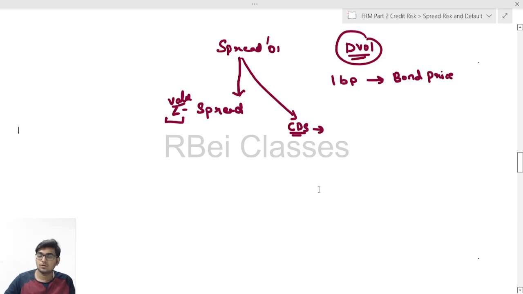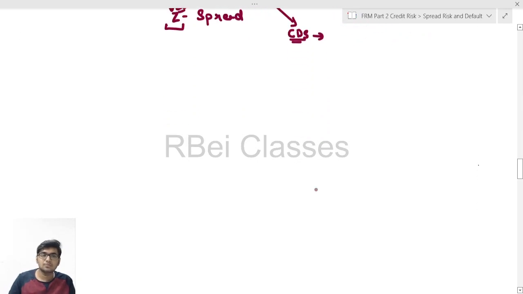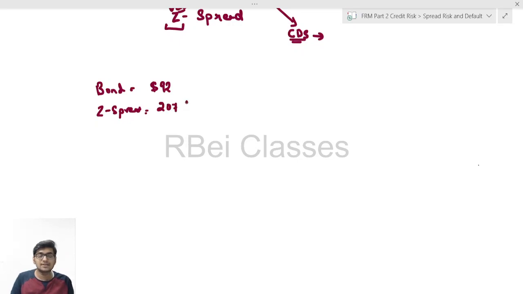Clear? So now let us take an example. Suppose you are given the current price of the bond, which is $92, and your current Z spread is 207 basis points, or you can say 2.07. Clear?